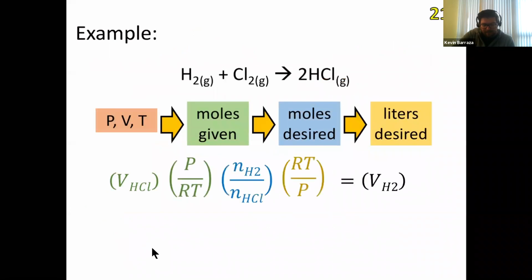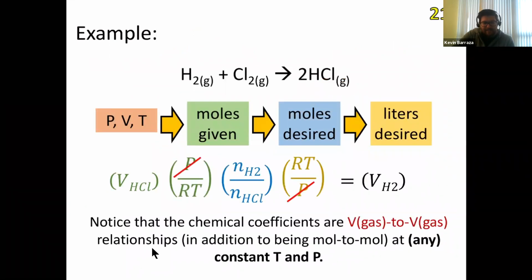What ends up happening is that the gas law part of the calculation actually cancels out: RT with RT and P with P. What we find is that the volume and the balanced chemical equation simplify to the new volume.